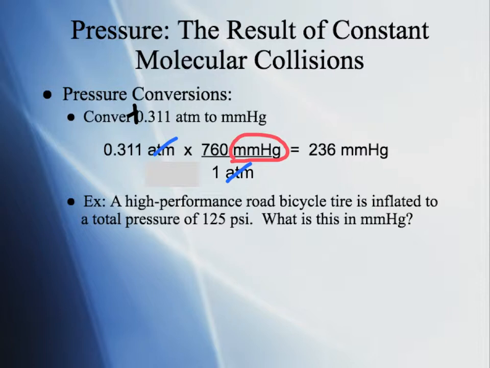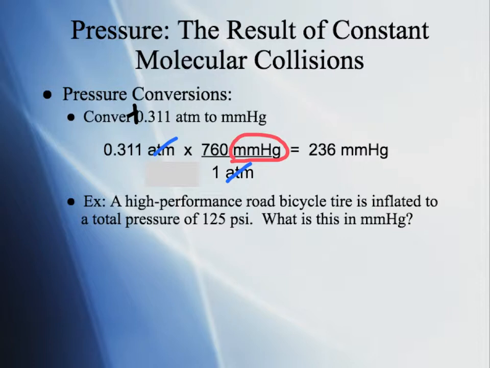We can put in numbers. We know, because of the relationships we were just talking about, that 1 atmosphere equals 760 mmHg. So the 1 goes with the atmosphere on the bottom, and the 760 goes on the top with mmHg. Now when we multiply the top numbers and divide by the bottom, we get 0.311 times 760, and then divide that by 1. In the end, you get 236 millimeters of mercury.